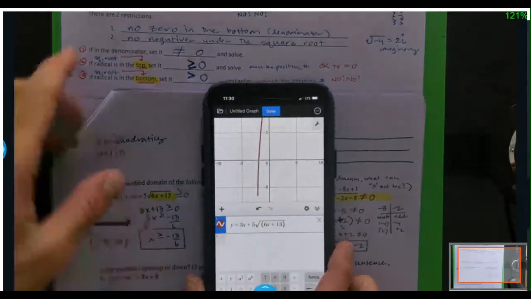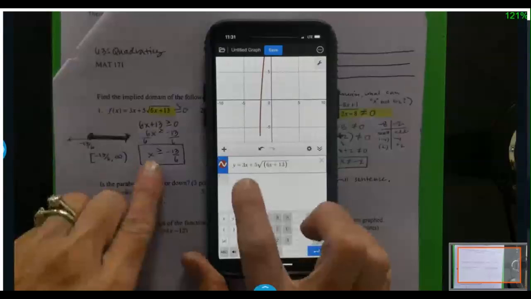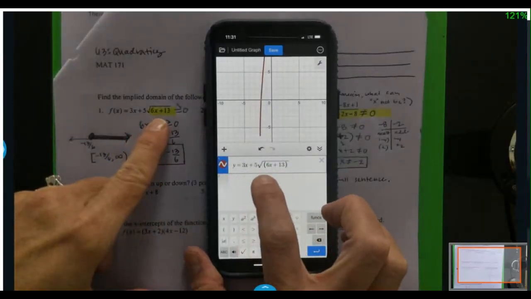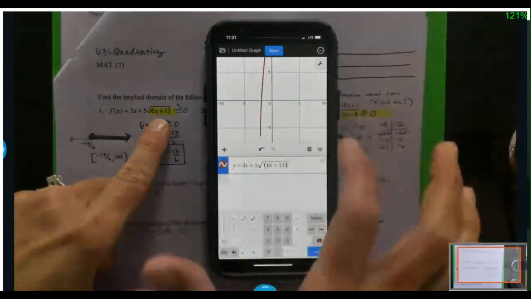All right, so let me show you this one right here. I just put it in my phone. I want to show you how restricting the domain ties to the graph. So I type this in, 3x plus 5, then I put my square root of 6x plus 13, and I've graphed it. Okay, that's the red line.